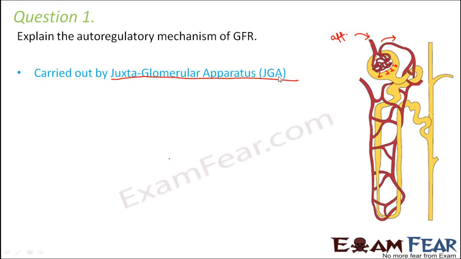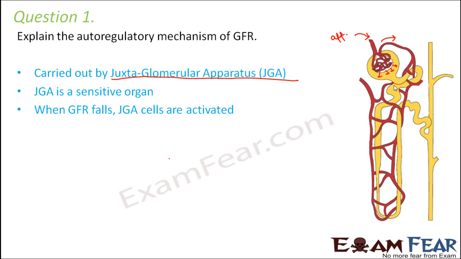This is basically an arrangement formed by cellular modifications in the distal convoluted tubule and the afferent arteriole. So here you have the efferent arteriole and here you have the distal convoluted tubule. Somewhere around this place it is formed. It is a very sensitive organ.